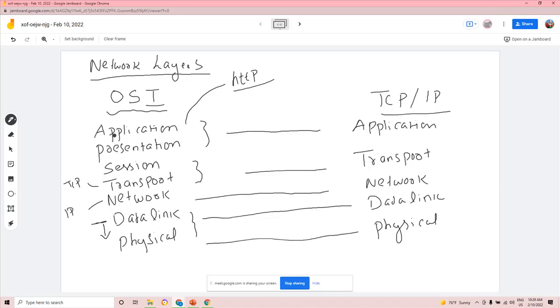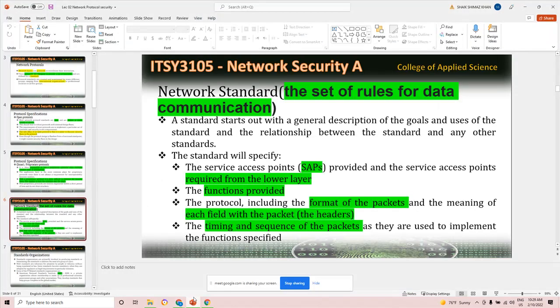For example, application layer, what service it is going to give to the presentation layer. Presentation layer, what service it is going to provide to the session layer. Session layer, what service is going to provide to the transport layer. Similarly, each layer should be clear what service they will get from the upper layer. So this is the first specification.